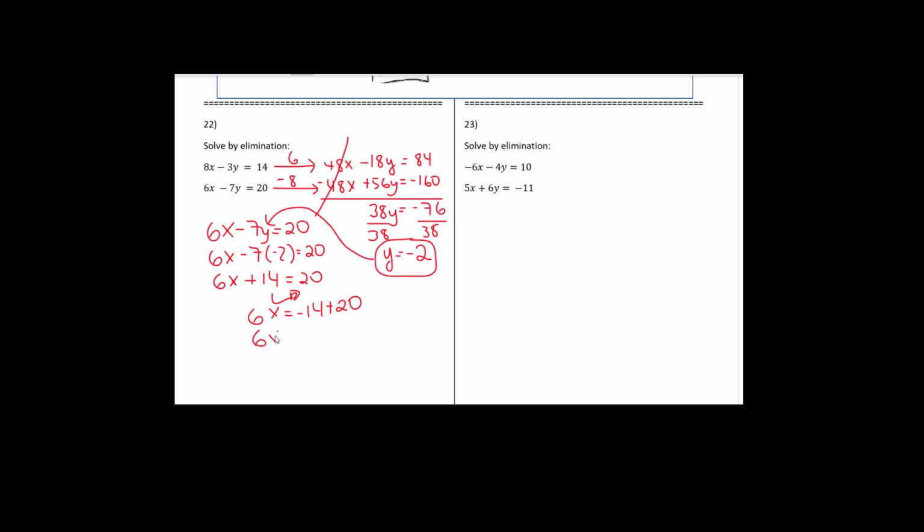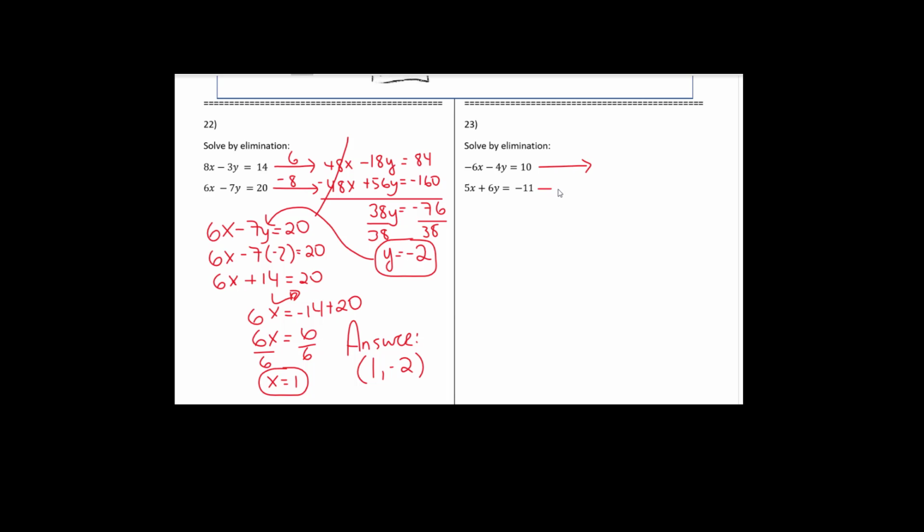So this would be 6x equals 6, divided by 6. x equals 1. So this means our answer is 1, negative 2. All right, let's go to the next problem.